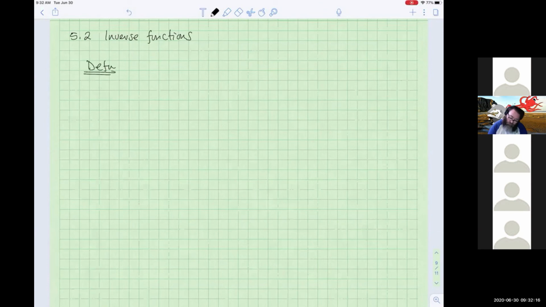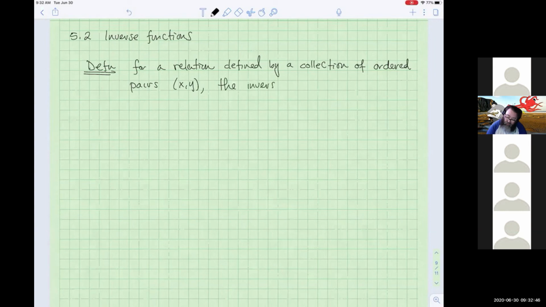Definition. For a relation defined by a collection of ordered pairs (x, y), the inverse is a role reversal of the inputs x and the outputs y.